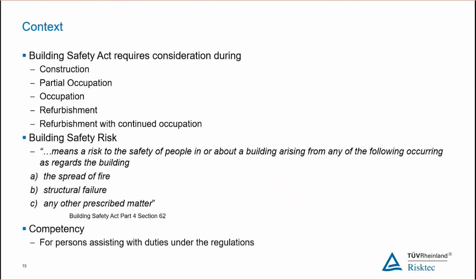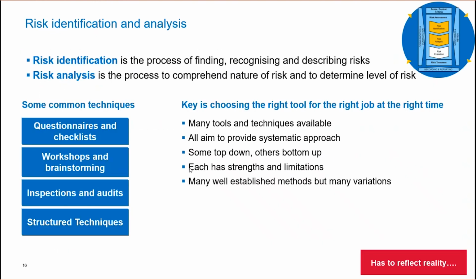Once we've set out what we want to achieve, that leads us into risk identification. The first parts of the risk assessment process are risk identification, identifying what we have, and risk analysis, comprehending the nature and level of the risk. Primarily, you tend to think of this as: what controls do we have in place?